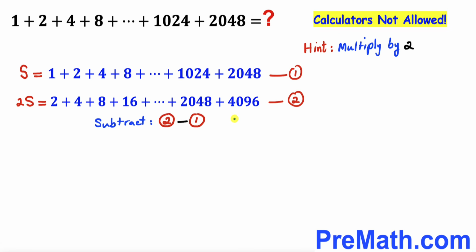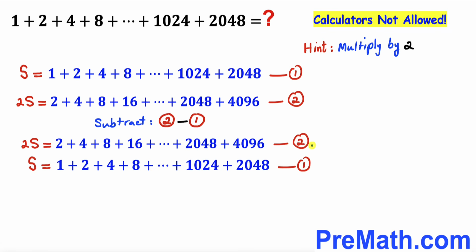Now in this next step, I'm going to subtract equation 1 from equation 2. Here I have copied down equation 2 and equation 1, and now we are going to subtract. So I'm going to change the sign: this positive becomes negative, negative across the board.